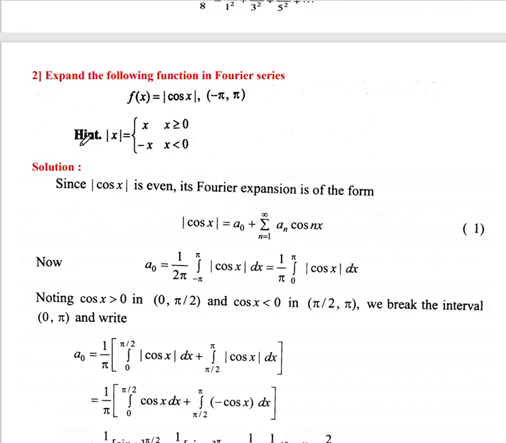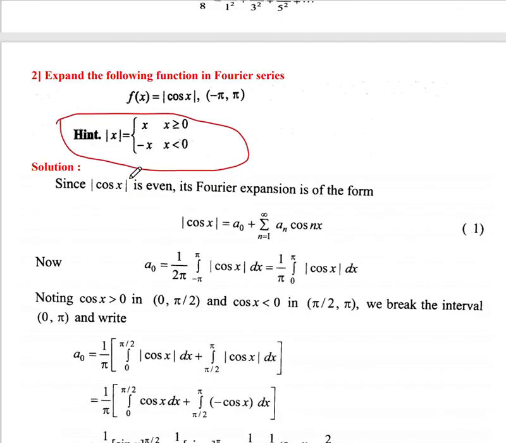Now again here we know the concept for x greater than or equal to 0, mod of x. So here if you check, cos x is an even function, because by using the even and odd function concept, cos x is always an even function.